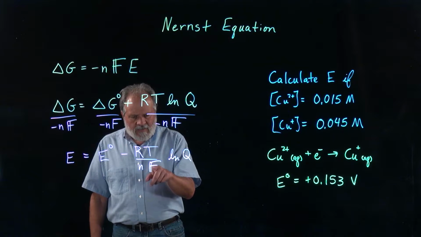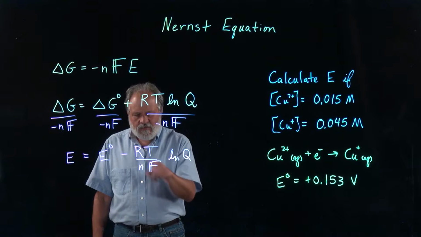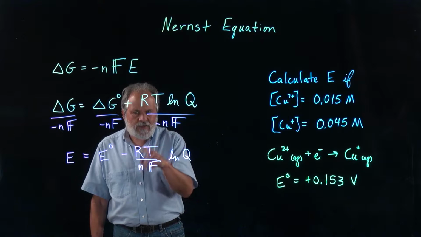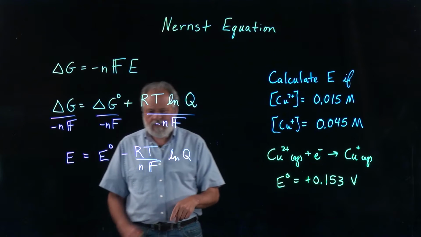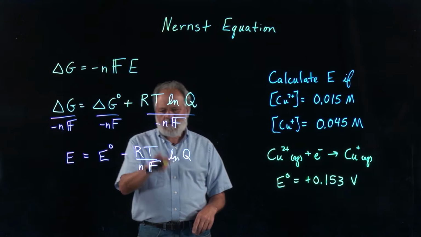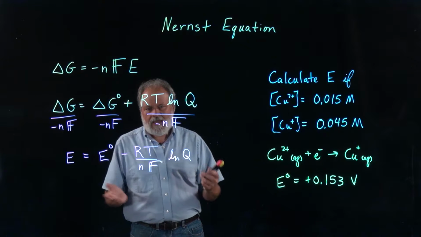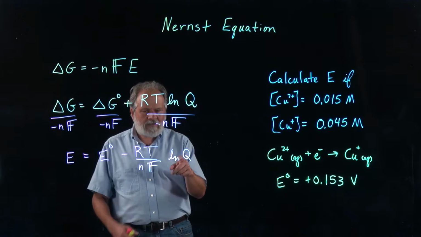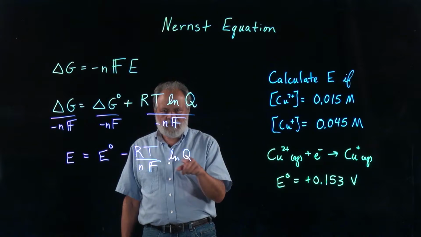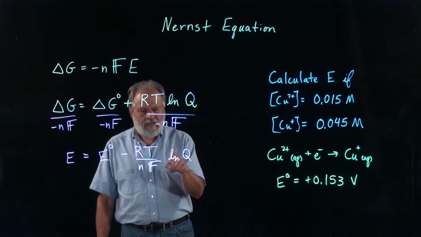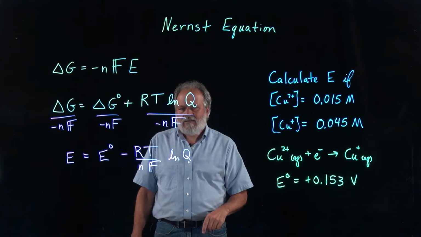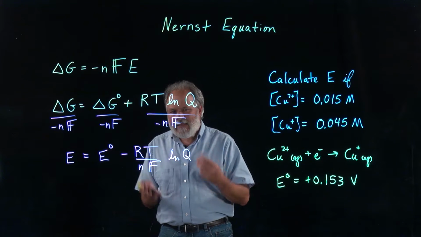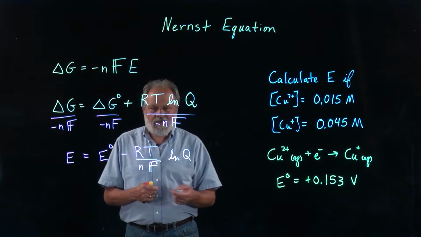There's the gas law constant, there's Faraday's constant. So we've got two constants and something that is usually room temperature, 298 Kelvin. What you might see is all of these collected into a single number. You might also see an equation with log base 10 rather than the natural log, and the difference between natural log and log base 10 is 2.303.